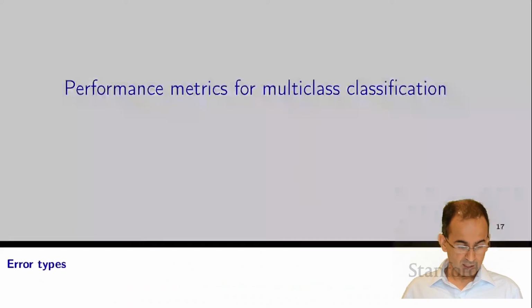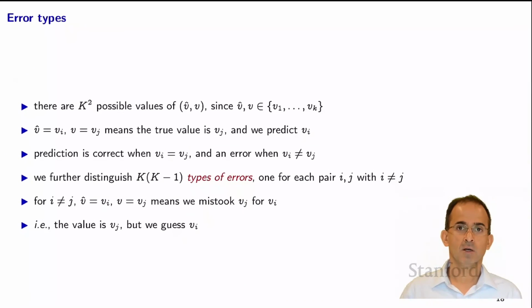Now when you look at multi-class classification, there are no longer just 4 possible values for v hat and v. There are k squared possible values, because there are k classes, v1 through v capital K, and each of v hat and v can be in any one of those classes.